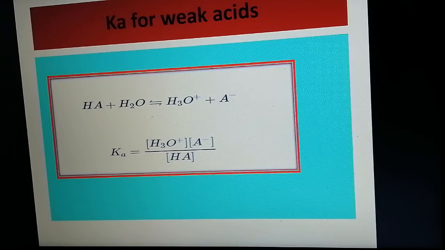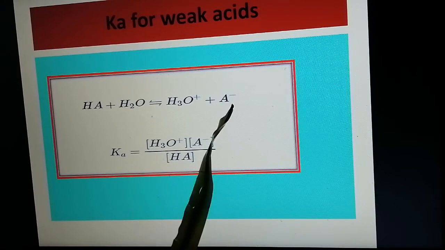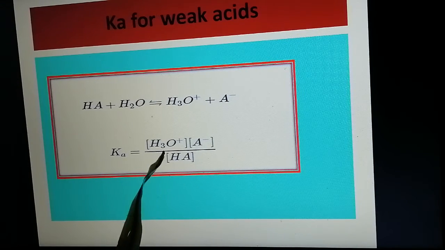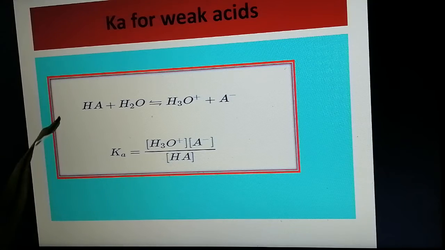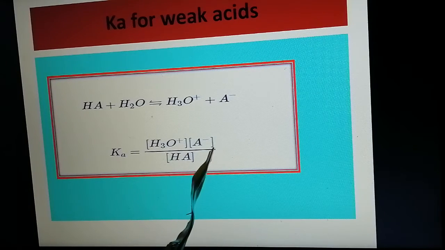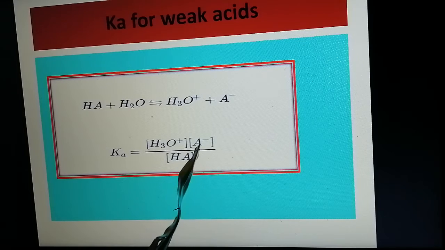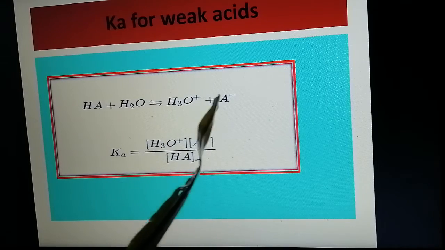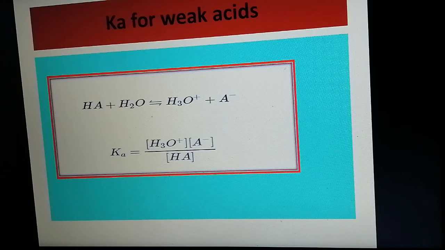H3O plus denotes hydronium ions and it is equivalent to H plus ions. So I can write H plus here, because for a weak acid these two values will be similar.